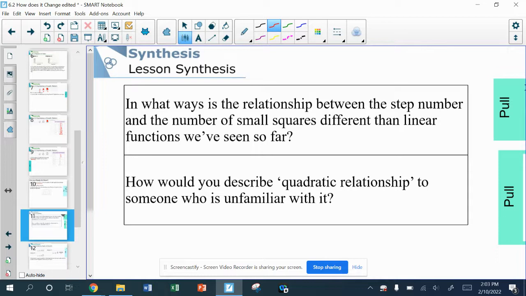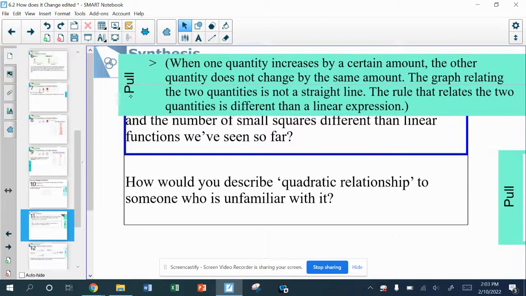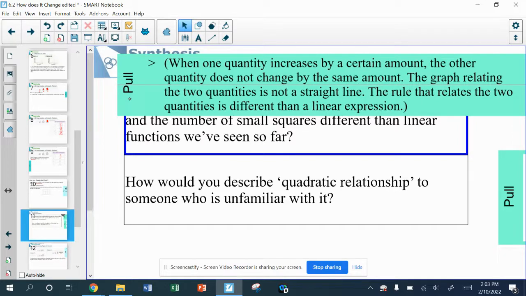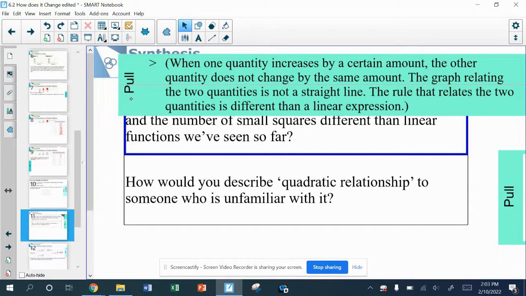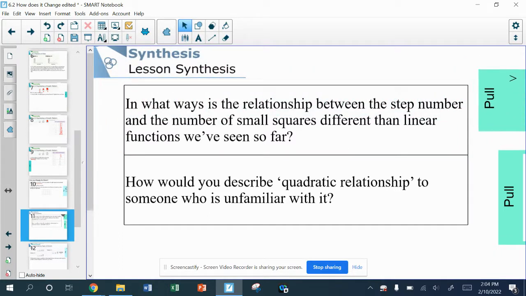This is not where we're changing by the same amount every time, so it's not linear. The graph that we're looking at on some of these, it's not going to be a straight line. Okay, so that's how it's not linear.